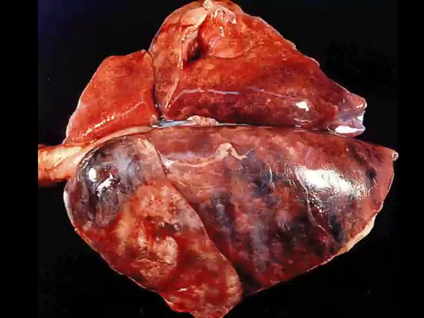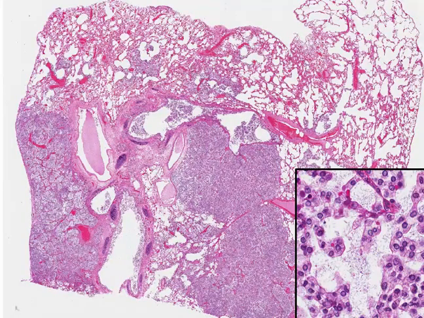I know that this is a lecture of Gross Path, but it does warrant showing you what these foci look like. You can see areas that are clear of the bacteria, some that have the bacteria, some that have gotten to the point that there is tremendous influx of inflammatory cells, and you have lost the septal architecture or septic necrosis.